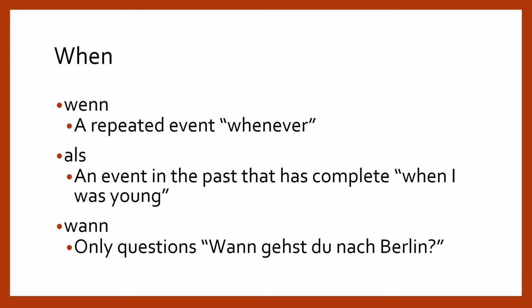Als is used for stuff that was completed, does not repeat in the past. So that's often like when I was younger, or when I lived in Berlin, I always ate chocolate croissants every morning, things like that. And then wann is used only for questions, like wann gehst du nach Berlin? When are you going to Berlin?